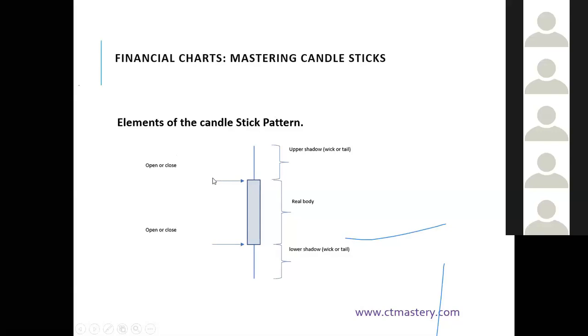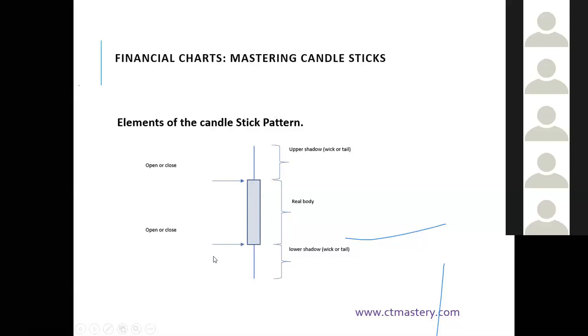So if here is the opening price and here is the closing price, it means that price dropped from here to here. That candle is going to be red. If the opening price is higher than the closing price, the candle is going to be red, and we call it a bearish candle.